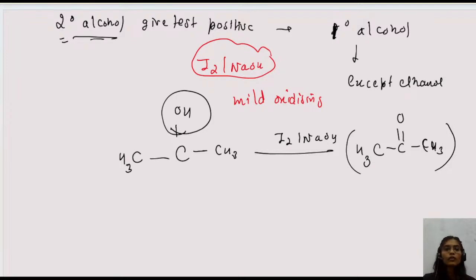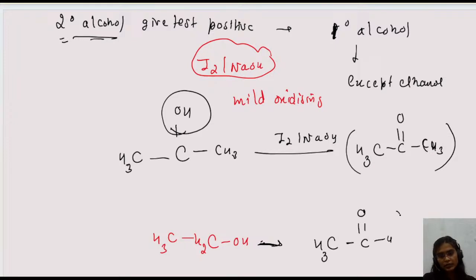But if you observe ethanol, although it's a primary alcohol, it is CH3CH2OH, a terminal one. If we use this, we end up with CH3CHO. So this is basically the reactant we are using in this case.